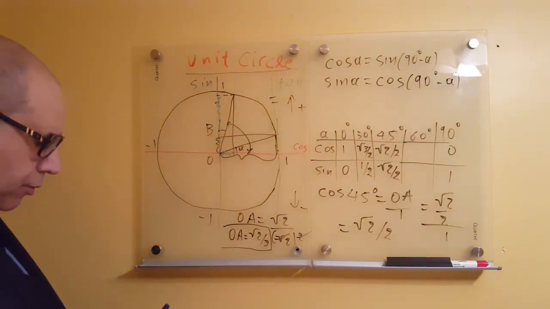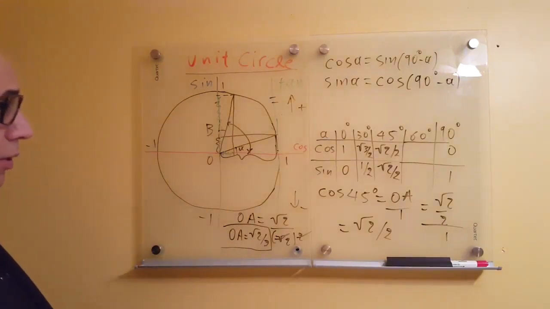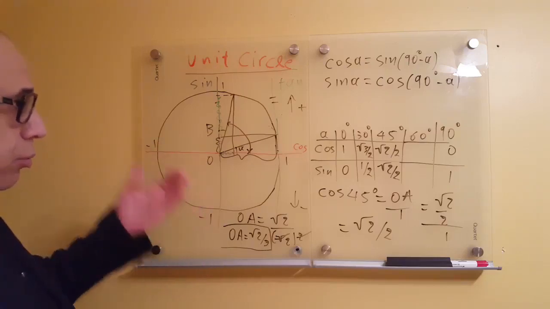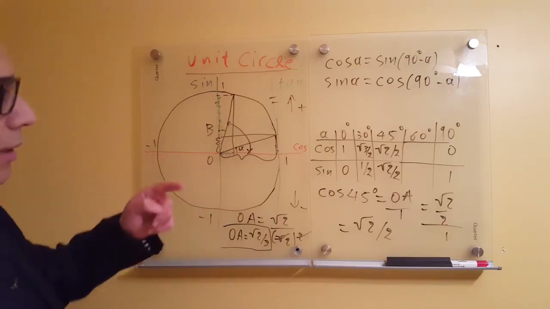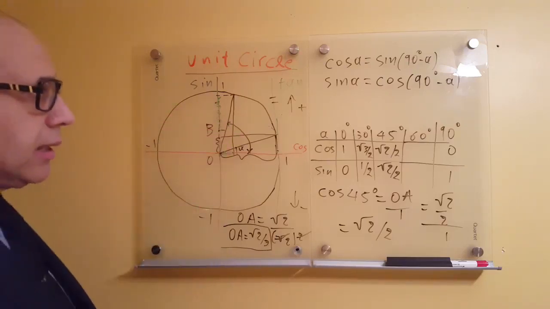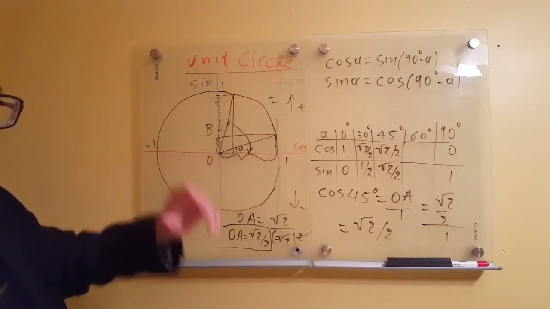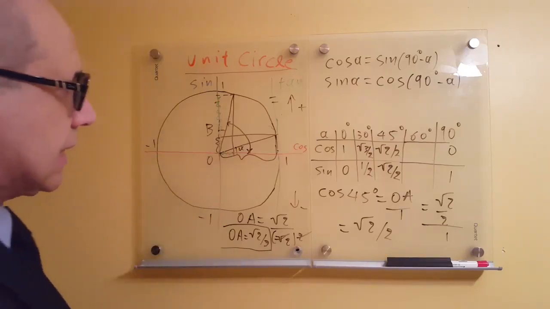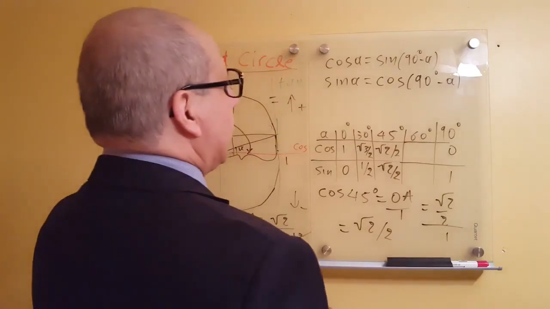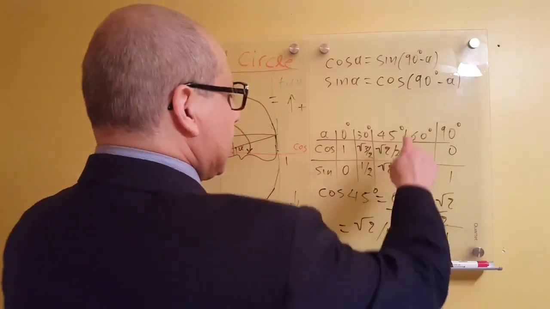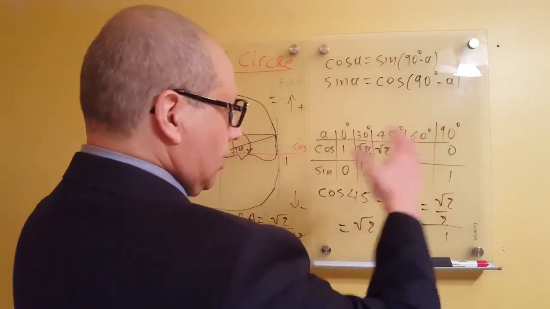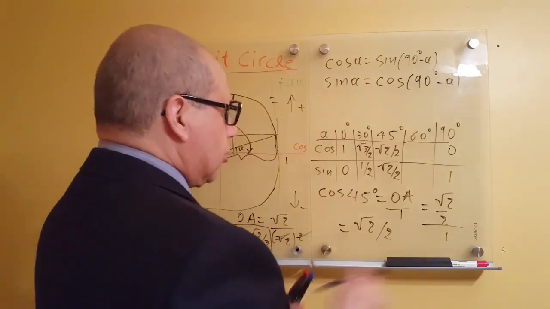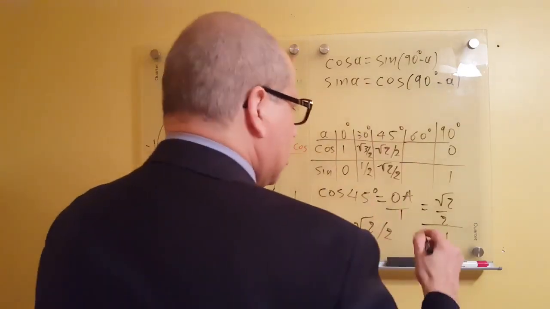So here we see that angles that sum up to 90 degrees interchange cos and sine. Since 60 and 30 sum up to 90 degrees, they have to interchange cos and sine.